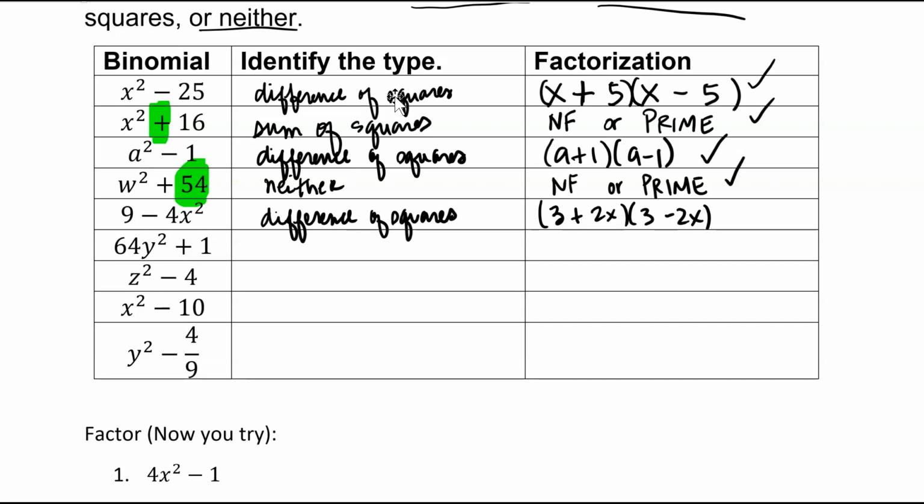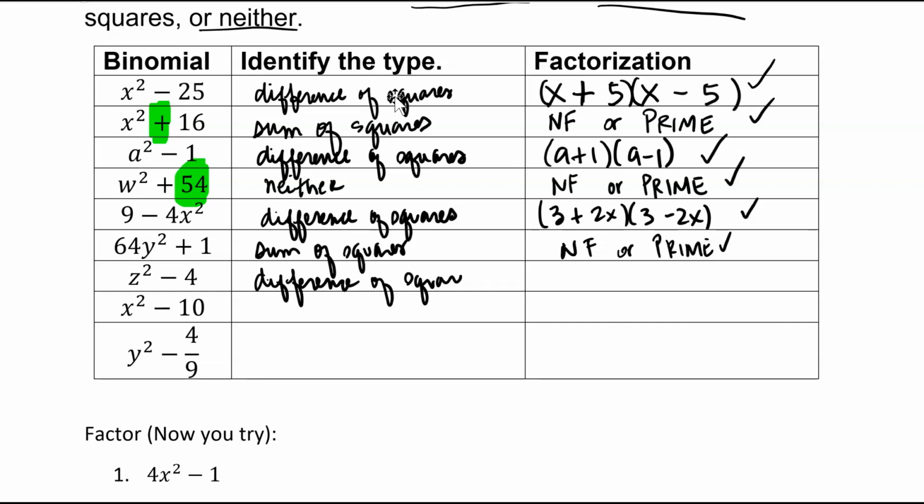All right, 64y squared plus 1 is a sum of squares, which is not factorable or prime again, okay? Z squared minus 4 is a difference of squares, and the factors are z plus 2 times z minus 2.